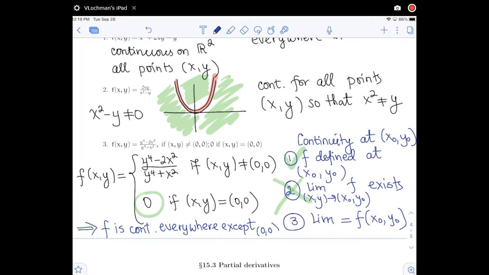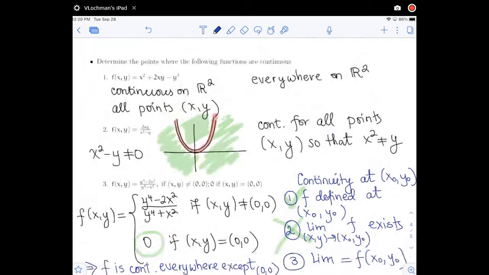Your surface goes in different directions if you come from different paths, right? So that's your discontinuity. This type of problem may be a little bit counterintuitive and might take you some time to really wrap your head around this idea of a limit not existing because there are different values coming from different directions.